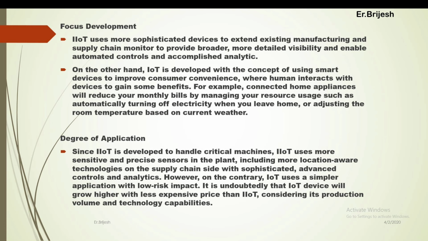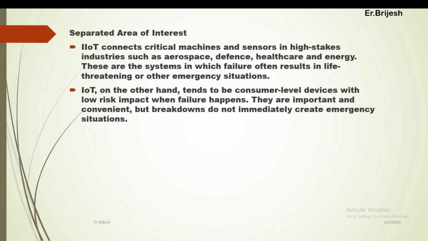However, on the contrary, IoT uses simpler applications with low risk impact. It is undoubtedly true that IoT devices will grow in number with a lower price than IIoT, considering their production volume and technology capabilities. And the last point that separates IIoT from IoT is the area of interest.